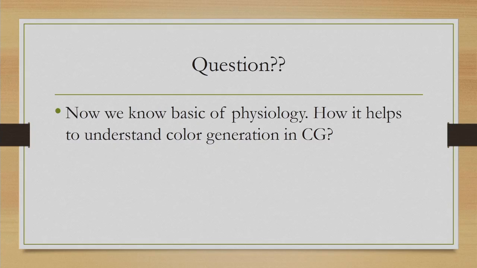Now, that is the basic theory of how our eyes work and how we get to perceive color. Now, with this knowledge, how can we build a realistic computer graphics system? Let us try to see how this knowledge helps us in color generation in computer graphics.